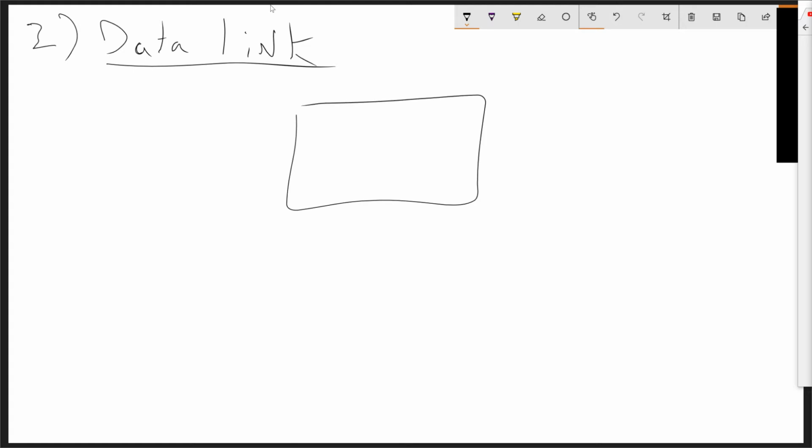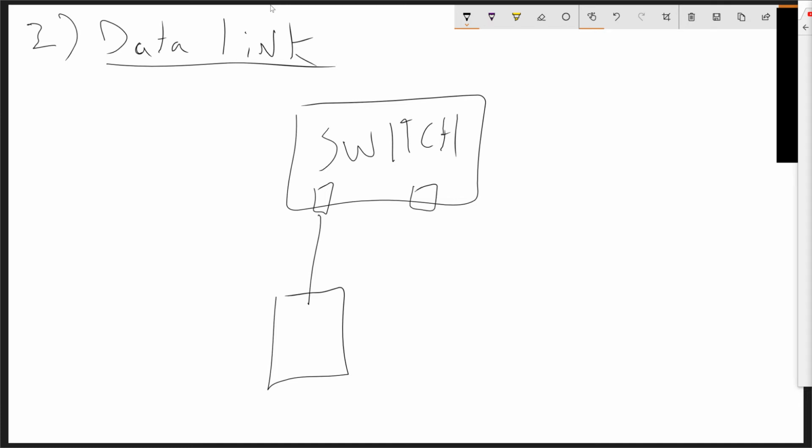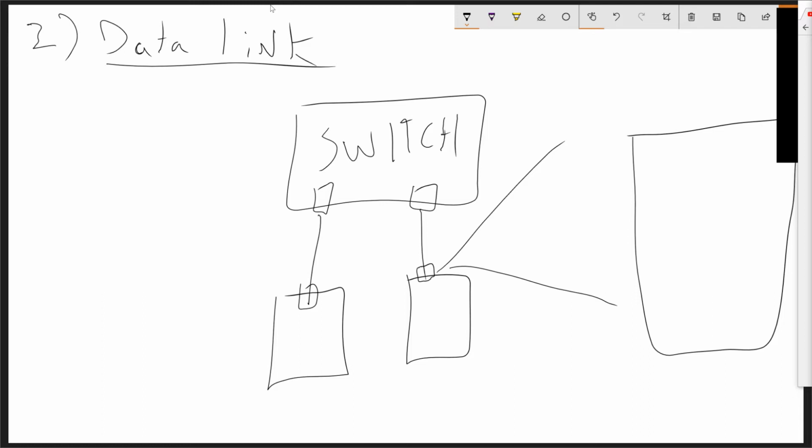So on the data link, you have your switch, and your switch is going to communicate to your devices via links. Now, here's the thing. On your devices, we're just going to blow one of these devices up right here. You will have a port, and this port will have a NIC, a network interface card. And this NIC will have a MAC address.